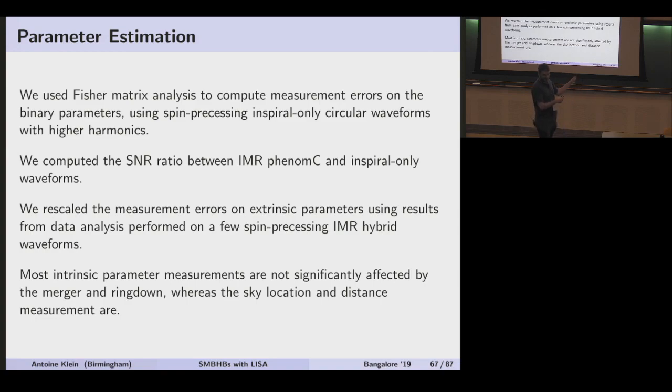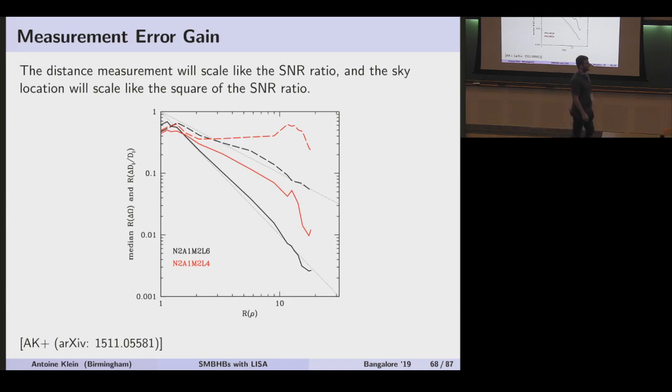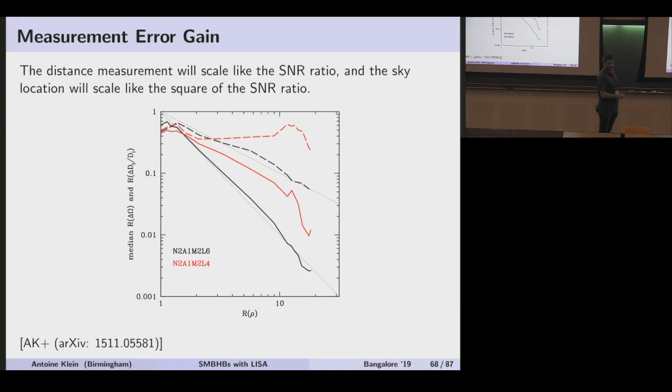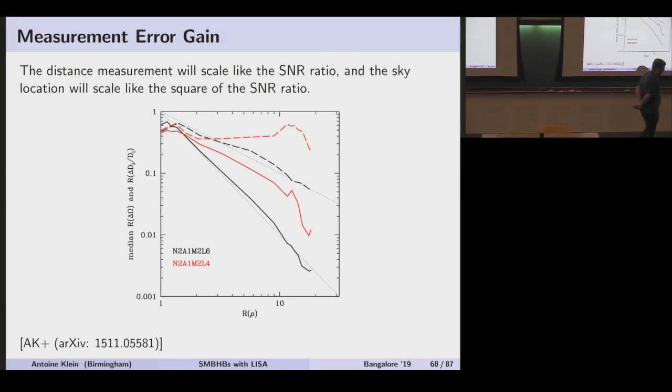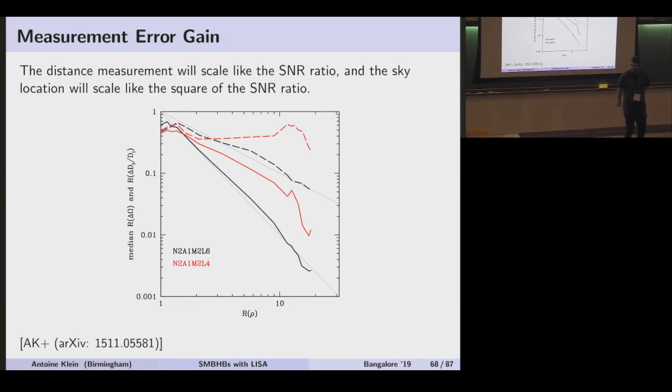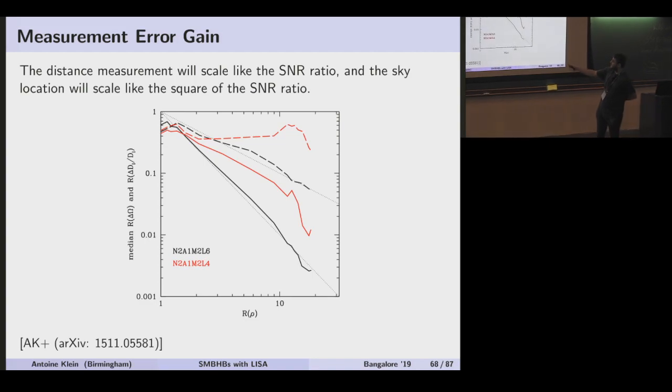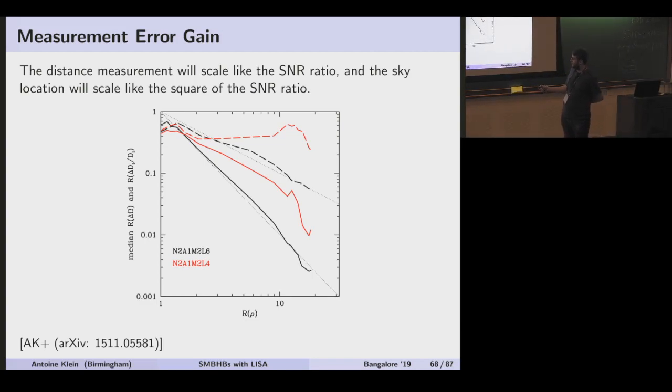So we parameterize it in terms of the components. All right. And this curve here is for the improvement in the sky location, and it follows pretty much exactly 1 over the ratio square.